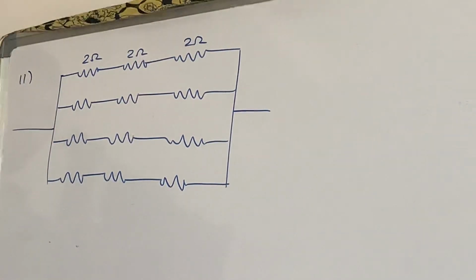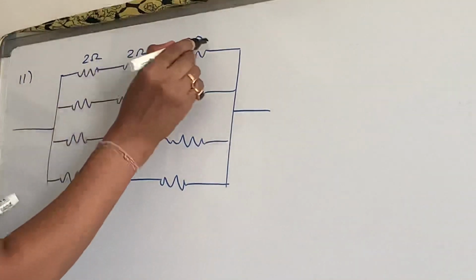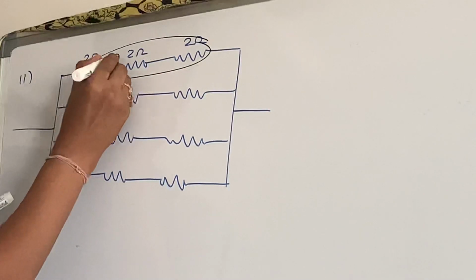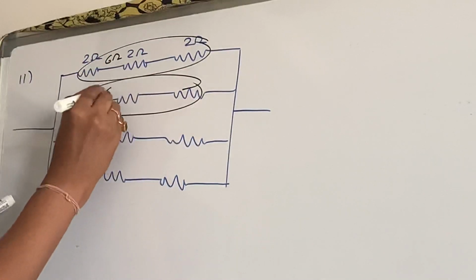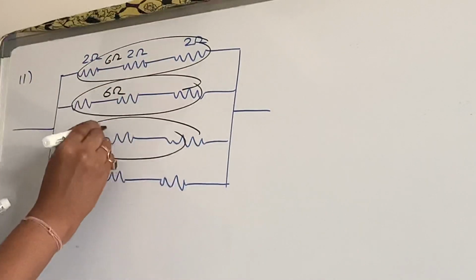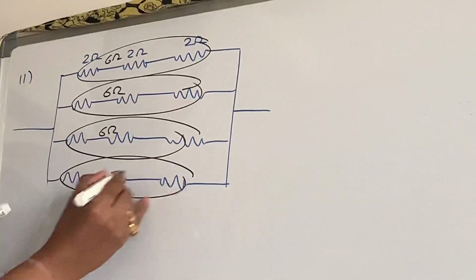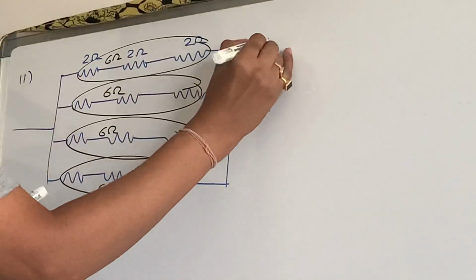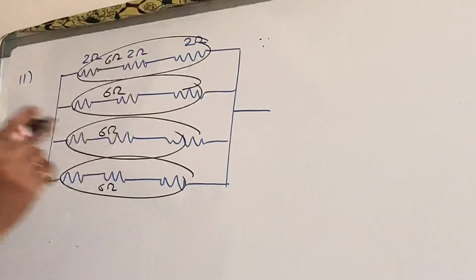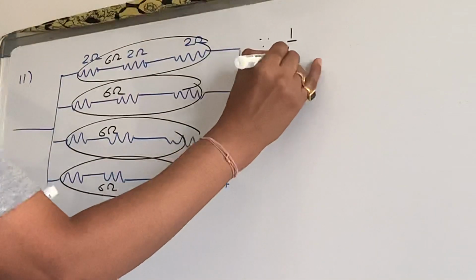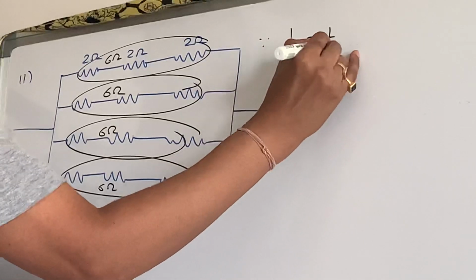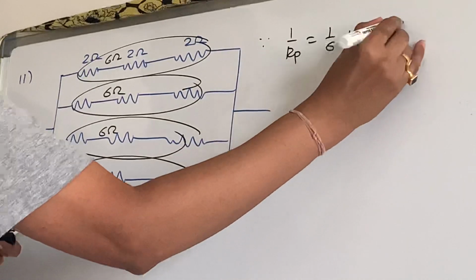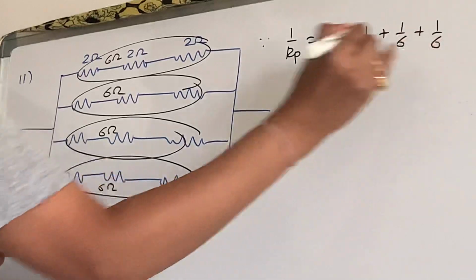Now what is the effective resistance for these? So this is your 6 ohm. This is also 6 ohm. This is also 6 ohm. And this is also 6 ohm. Right? Now since they are connected in parallel, I can write 1 by Rp is 1 by 6 plus 1 by 6 plus 1 by 6 plus 1 by 6.